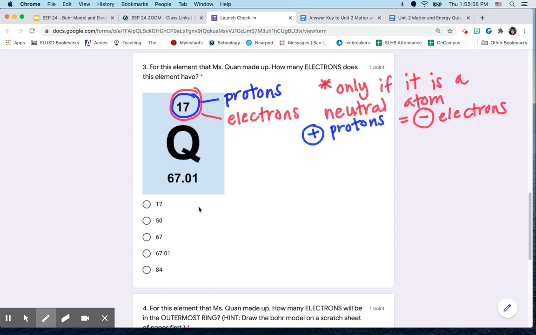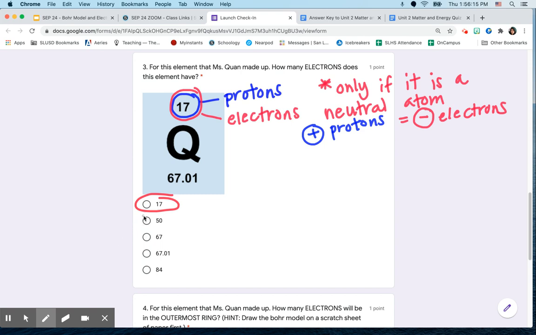Okay. So here, since electrons and protons are the same, we're still looking at just the top number. How many electrons do I have? Well, I have 17 electrons as well, same as protons.